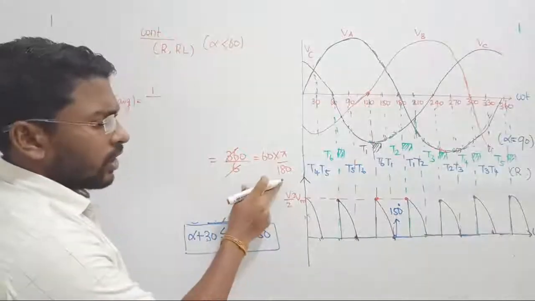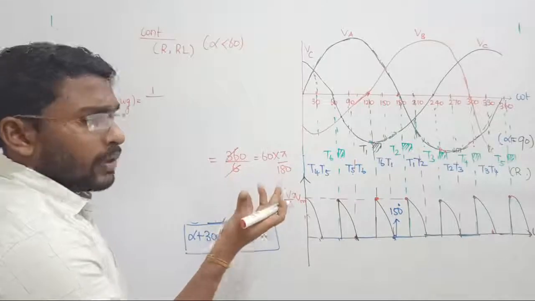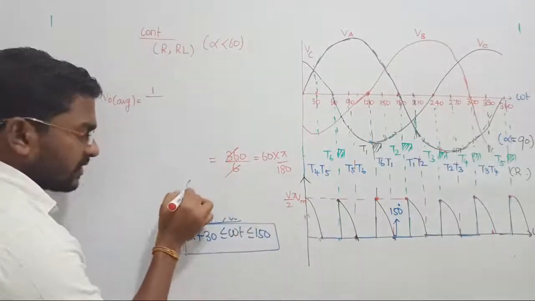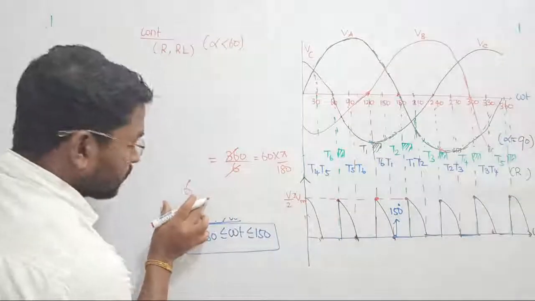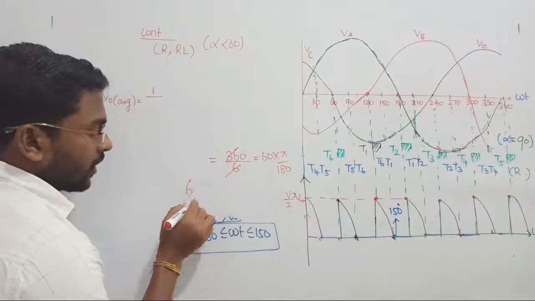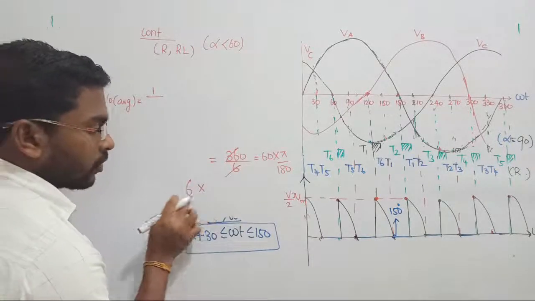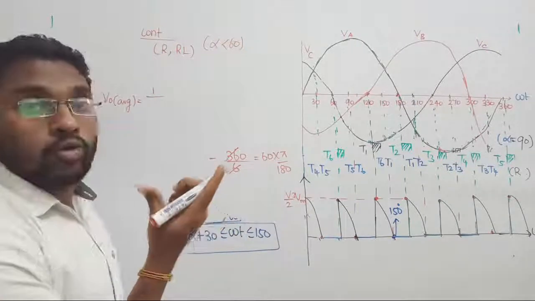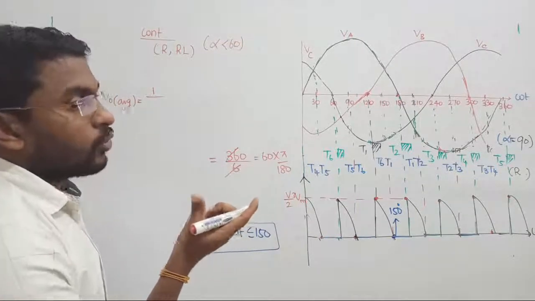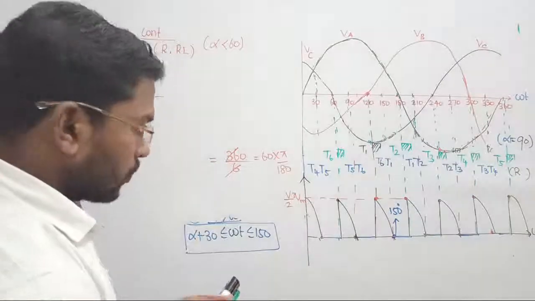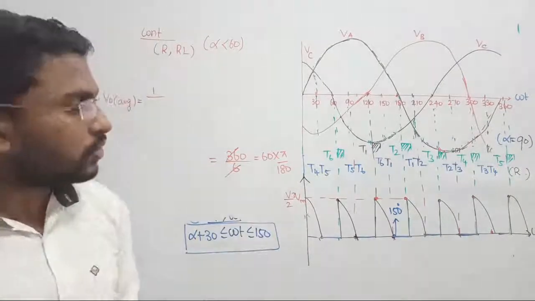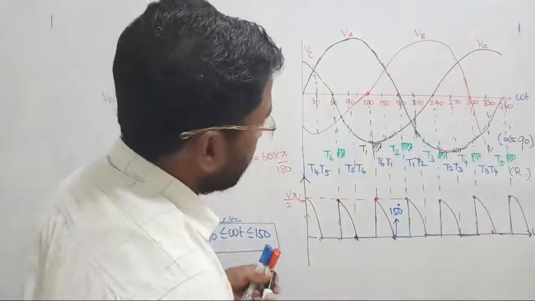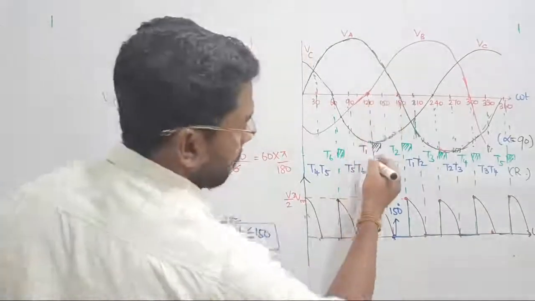Totally I am getting 6 pulses, and the total is 360 degree. We have to consider only one cycle periodicity. Let us see. Wait a minute. Okay, is it correct? We have to draw.